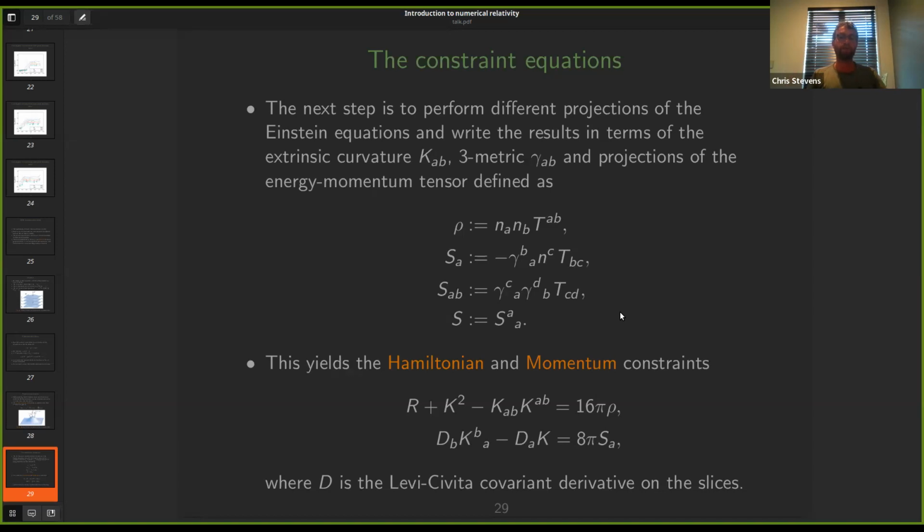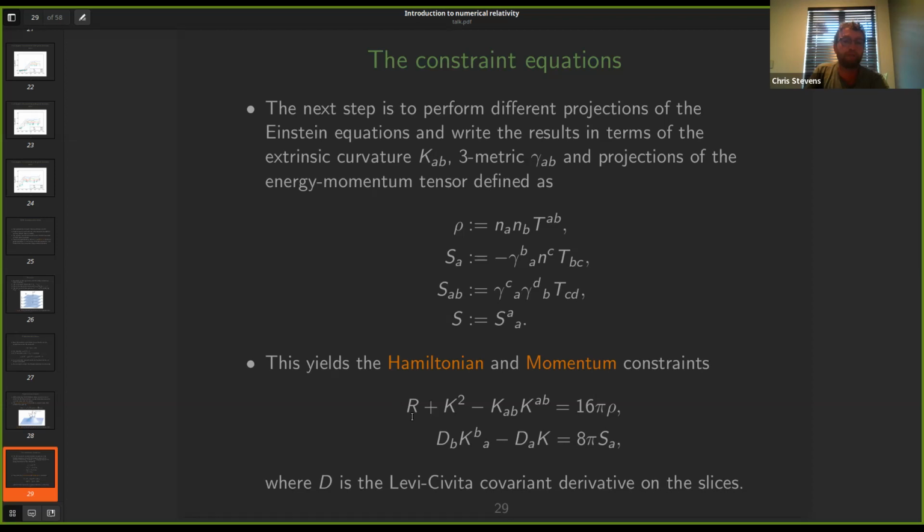So if we project so that the Einstein equations are evaluated intrinsic to the surface, we get the constraints, which are commonly known as the Hamiltonian and momentum constraints, given by these here respectively, where this capital D that is now appearing is the covariant derivative, the 3-dimensional covariant derivative intrinsic to that slice.